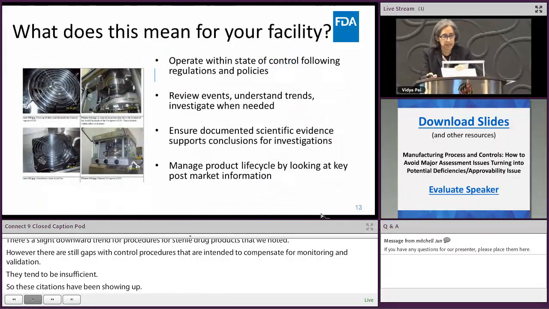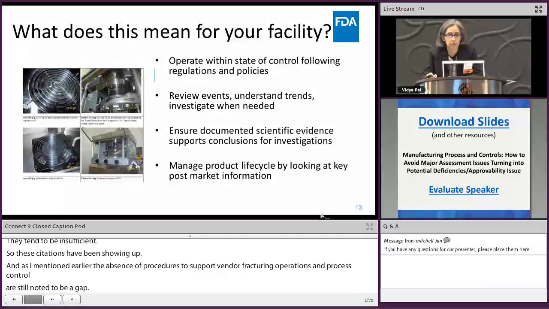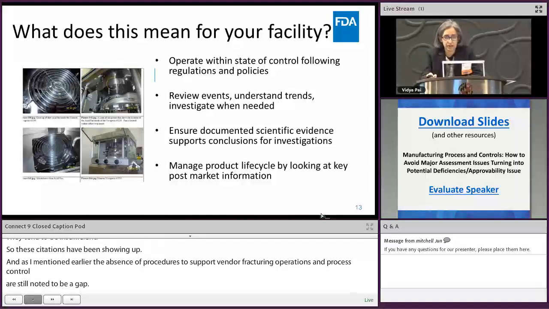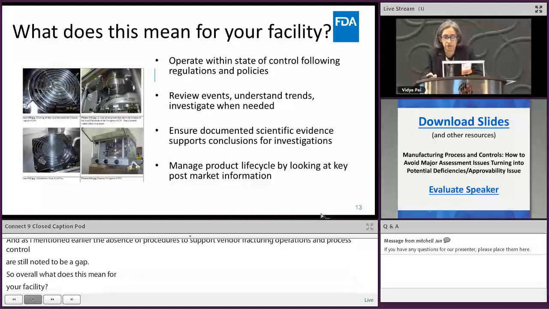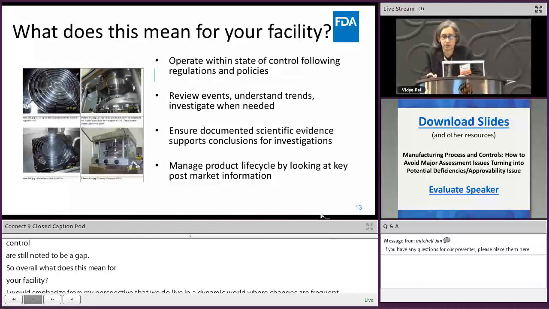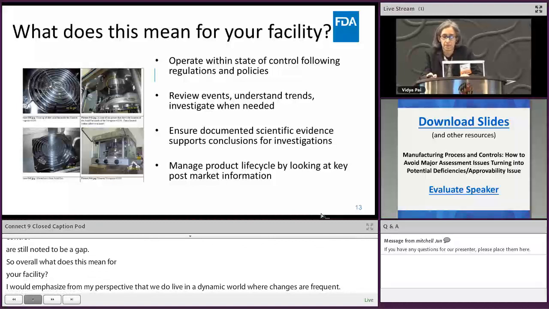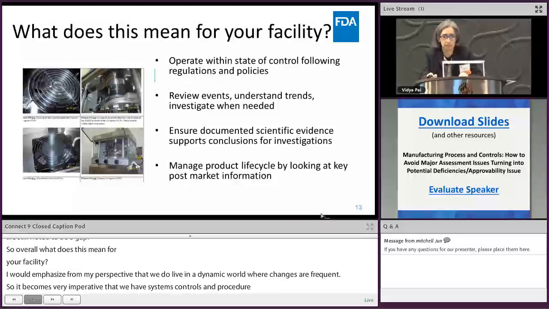So overall, what does this mean for your facility? I would emphasize, from my perspective, that we do live in a dynamic world where changes are frequent. So really, it becomes very imperative that we have systems, controls, and procedural oversight to ensure that our facilities, or your facilities, remain within a state of control and are operating within required regulations.